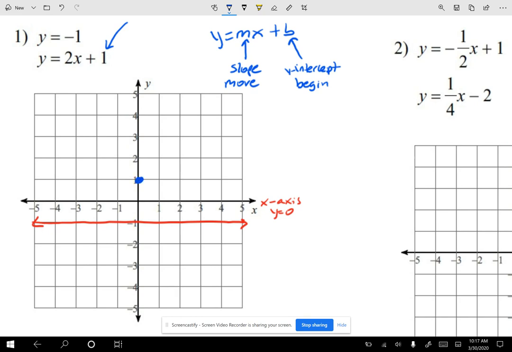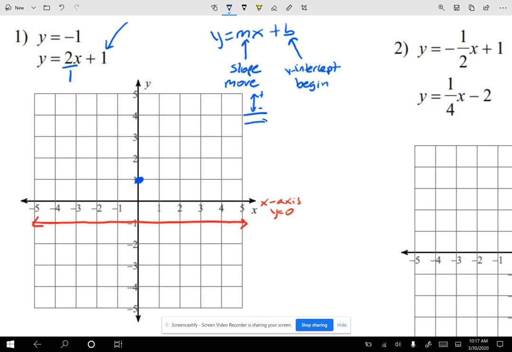My slope, I do need it as a fraction. If I don't have it as a fraction, make it a fraction. Now my 2/1, what it means is from the point that I'm starting with, I'm going to go up 2, right, the number on the top of my slope tells me up or down. Up if it's positive, down if it's negative.